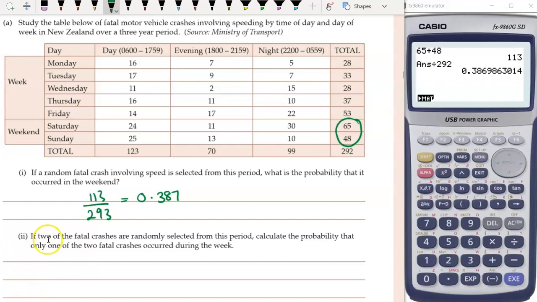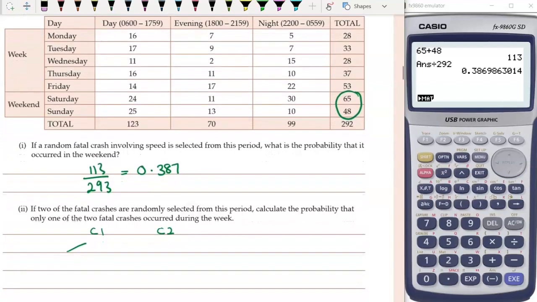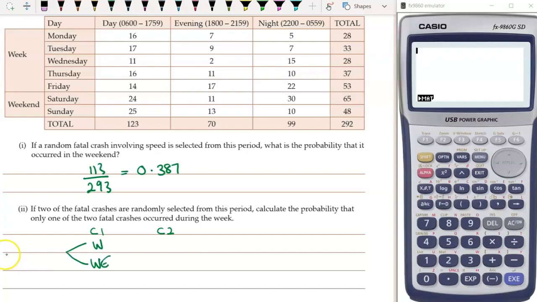For part 2, if we've selected 2 crashes from this group of crashes, we want to calculate the probability that only one of those 2 occurred during the week. So if we think about this as being crash 1 and crash 2, I like to think of this as a tree diagram to work out what to do. So crash 1 could be in the week or the weekend, and the same for crash 2.